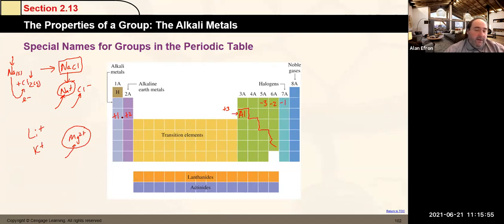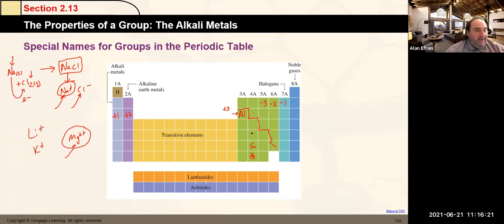So we go +1, +2, skip the middle, +3 at aluminum. We skip 4 because group 4 is a combination of everything. At the very top you have non-metals, some metalloids, and some actual metals below.